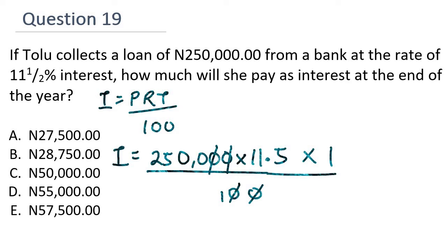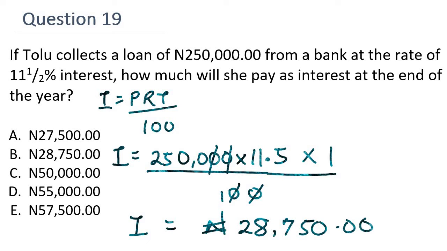You'll be left with 2,500 times 11.5, which will give you 28,750. Right? Okay. I think it will give you this B.